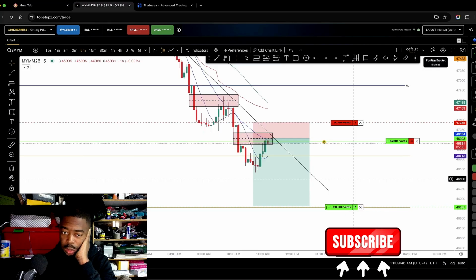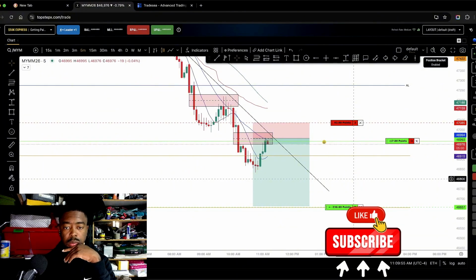I want to see a strong bearish candle. It's going to push us down.